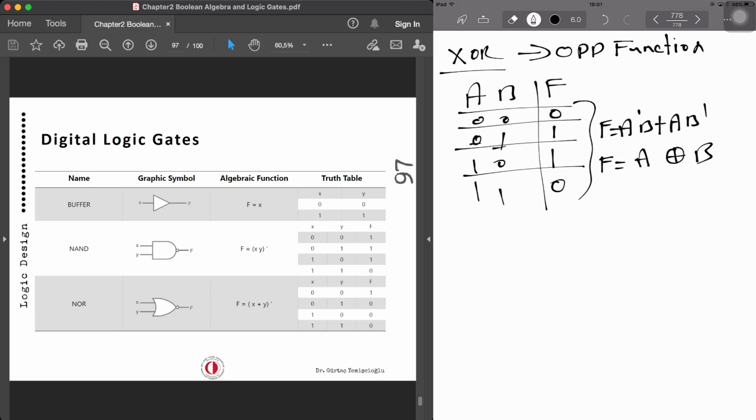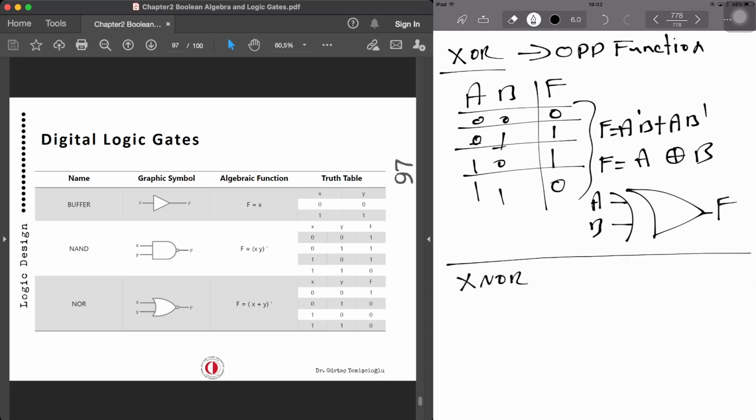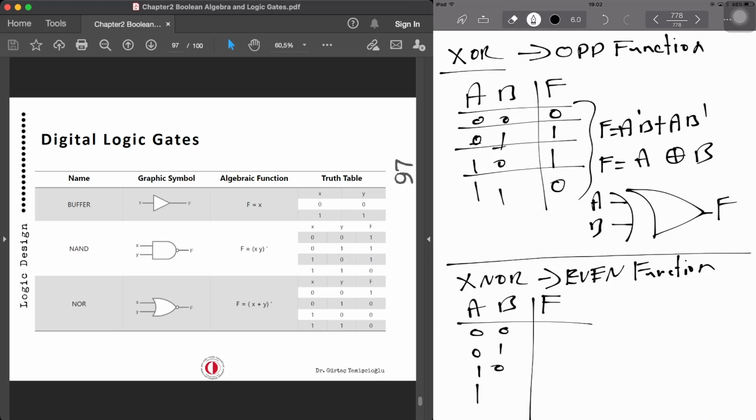Okay, and the symbol for it is like an OR, but there's another line in front of it. And this is the odd function, which is exclusive OR. Exclusive NOR is another one, which we call the even function. So we are looking for an even number of ones, or the equivalence function that we call it. When both inputs are equivalent, that means the output is going to be 1. So 0, 0, 0, 1, 1, 0, 1, 1.